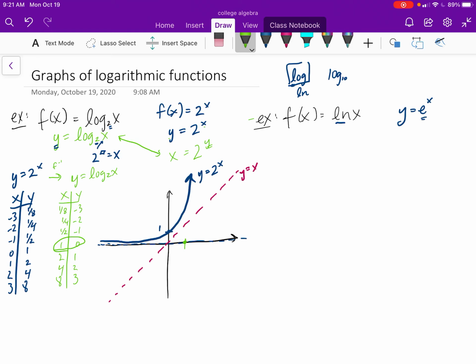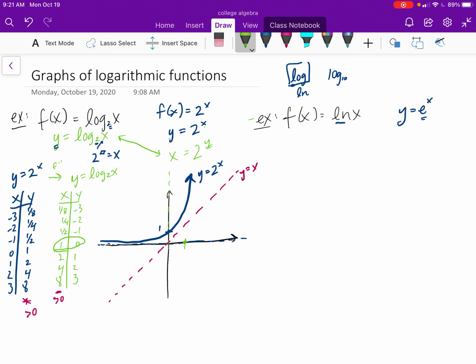And if we follow this, notice in the exponential, y never got negative, right? This was always greater than 0. Well, because x and y changed, notice the x is always greater than 0. The x never becomes negative. So therefore, previously, we had y equals 0 as an asymptote.